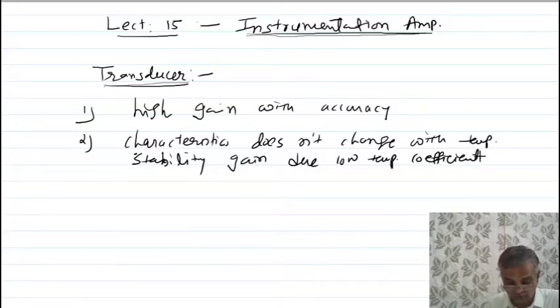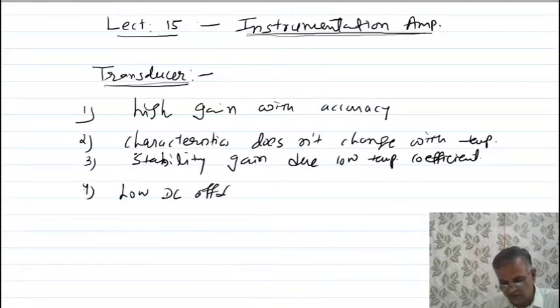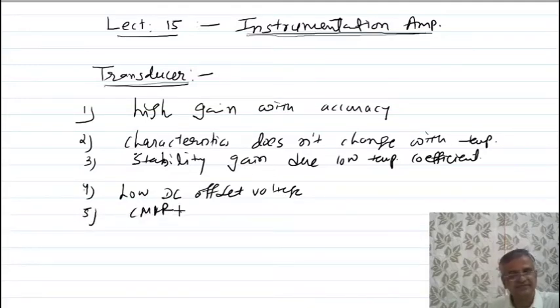Next is low DC offset voltage. Fifth is that the CMRR of the op-amp is very large. Sixth is a low output impedance.